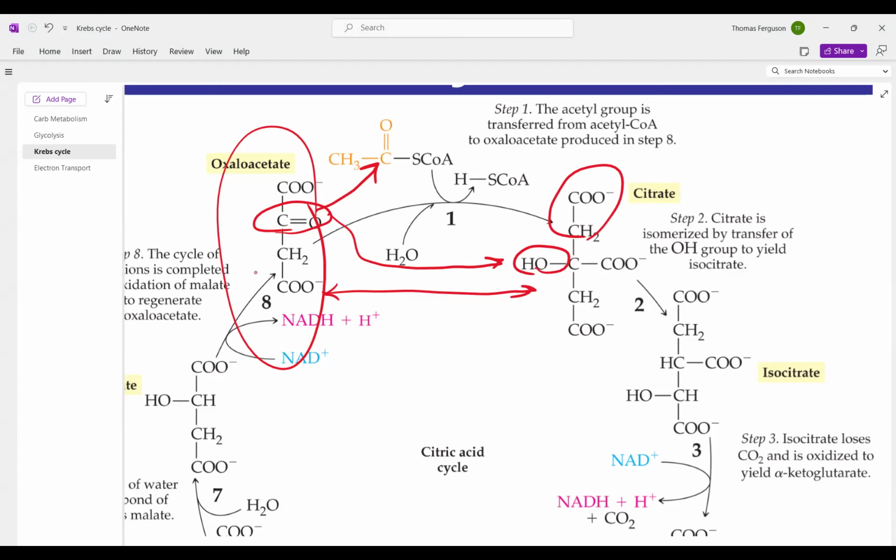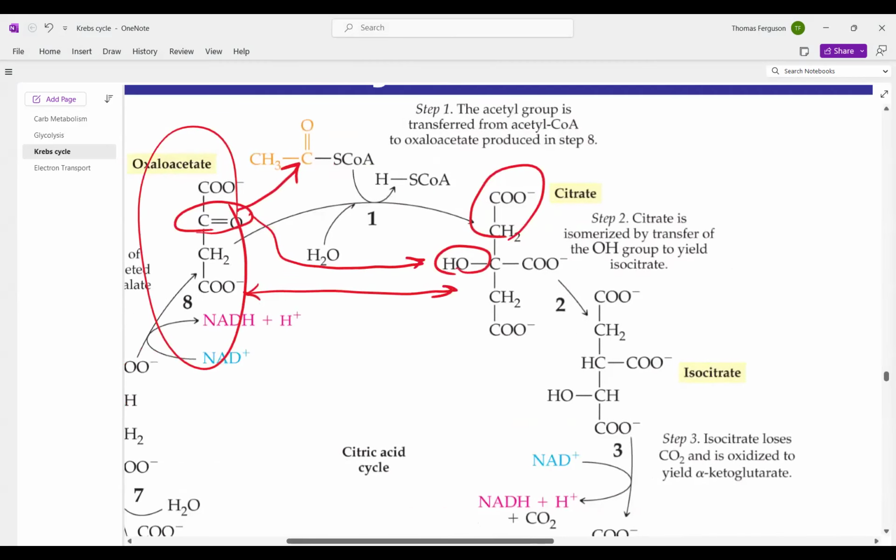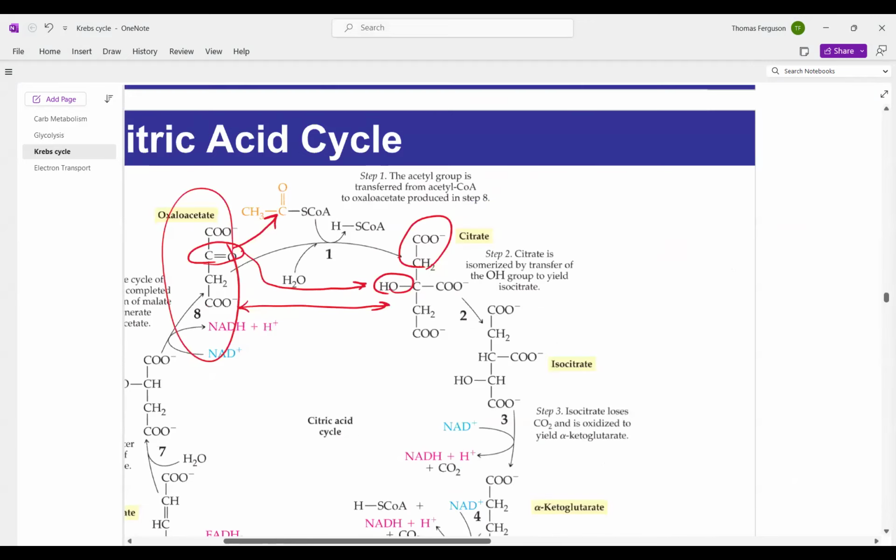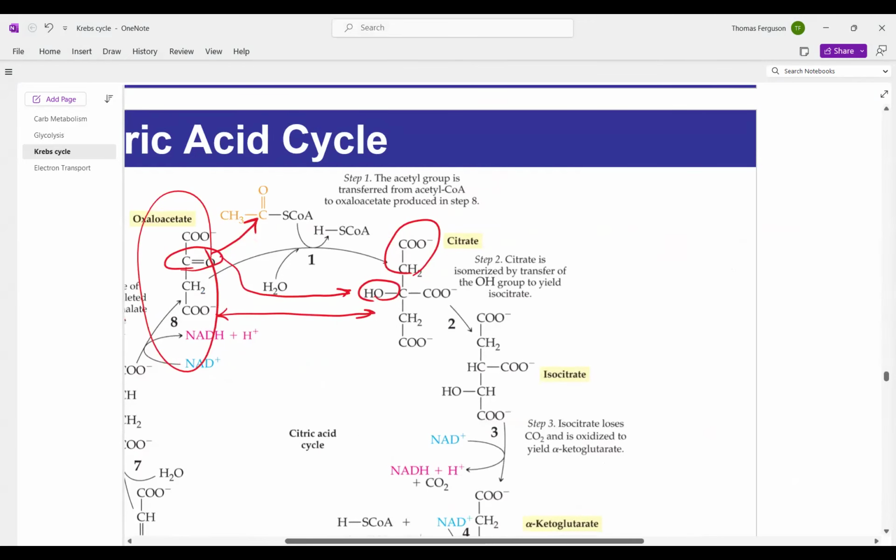Okay. So if this is being reduced, the enzyme is going to be ox. Remember now, when we name enzymes, the first name is the substrate. The second is what the functional group is. Okay.